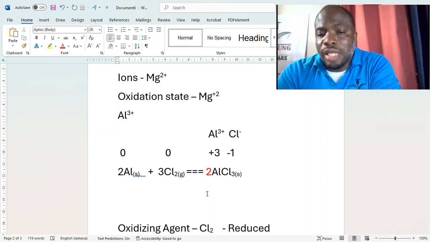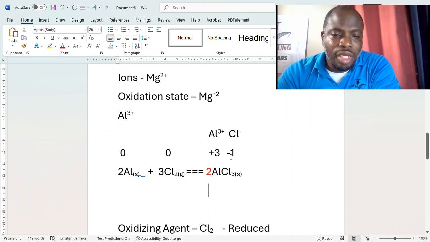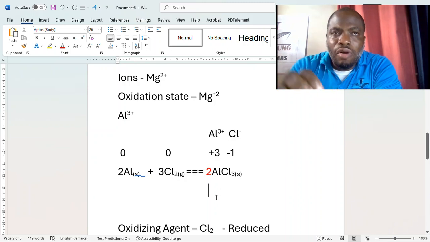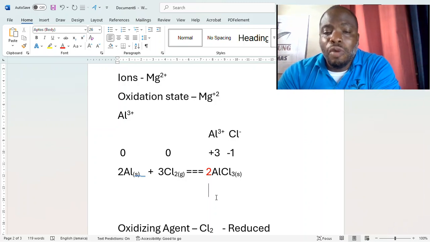When you're looking at the oxidation number, you're looking at one of the ions or one of the atoms. So that's why we have a -1 here. But if we're talking about the overall compound, when we add the overall oxidation charges, it should equal 0.